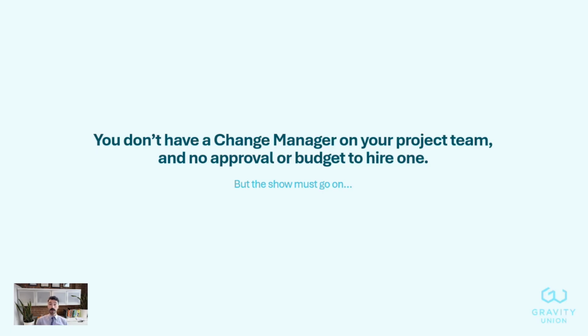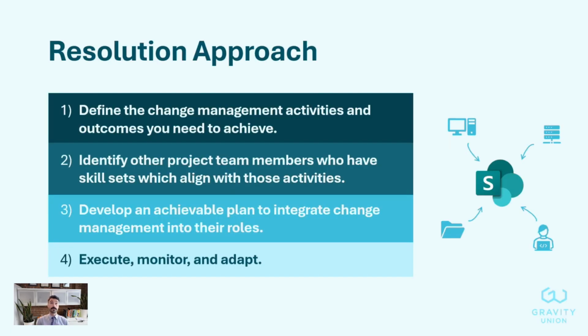How we're going to tackle that problem is by first defining the change management activities that we're going to execute. So if you did have a change manager, what would that person be doing? And what are the outcomes you need to get as a result? We're then going to look at what project team members we have and what their skill sets are. And then how do those skill sets align with those change management activities?